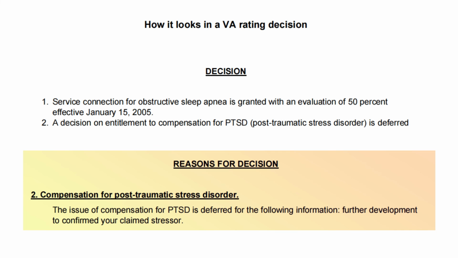It could be to go out and get additional medical records from a private mental health physician that you said treated you. But in here, I used the example further development to confirm your claimed stressor. So we weren't able to confirm that stressor, we need to go out and do more development to confirm it before we adjudicate that particular condition.